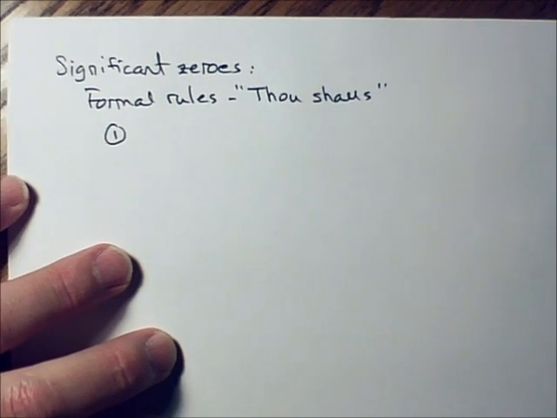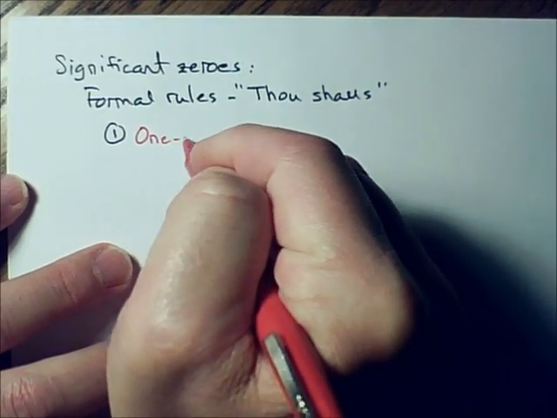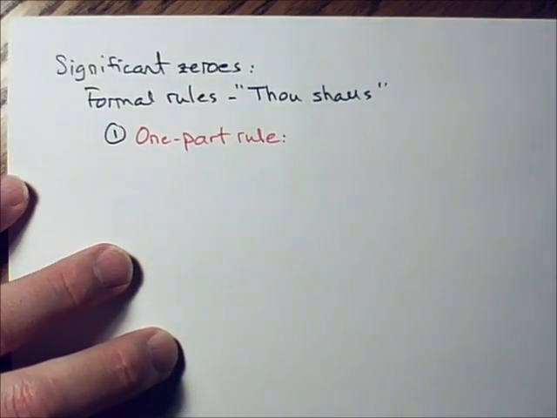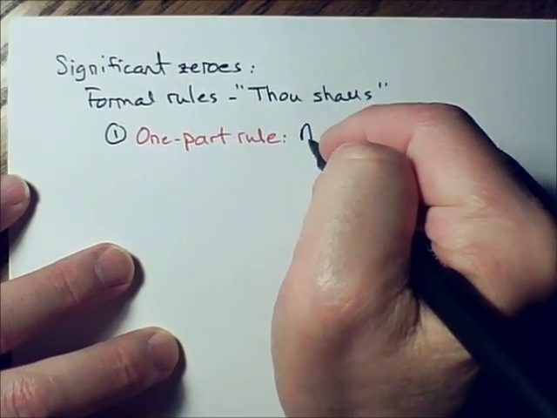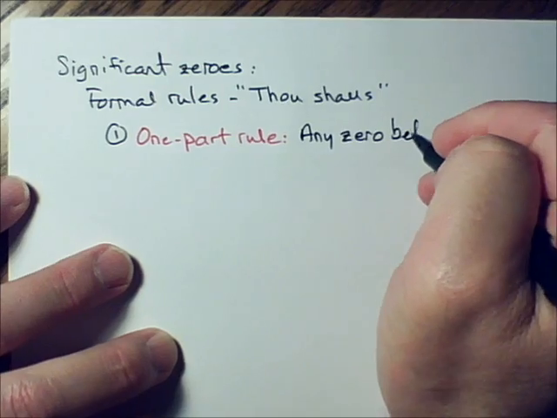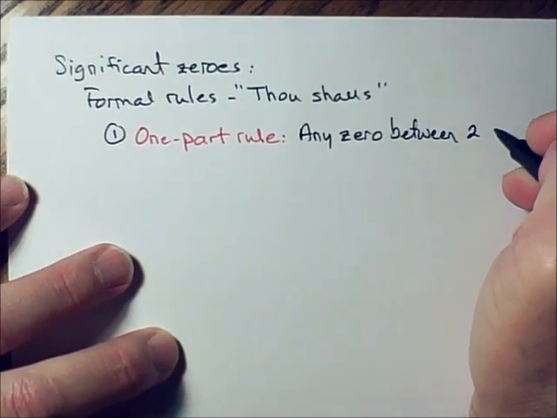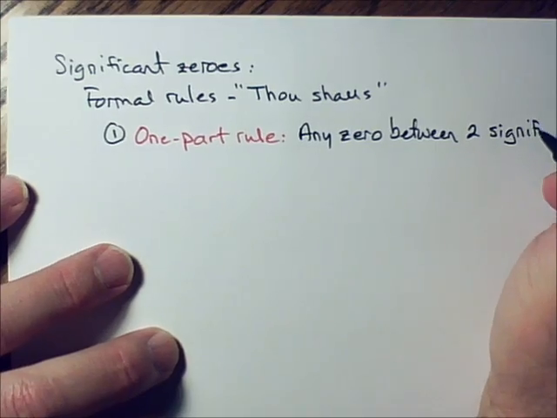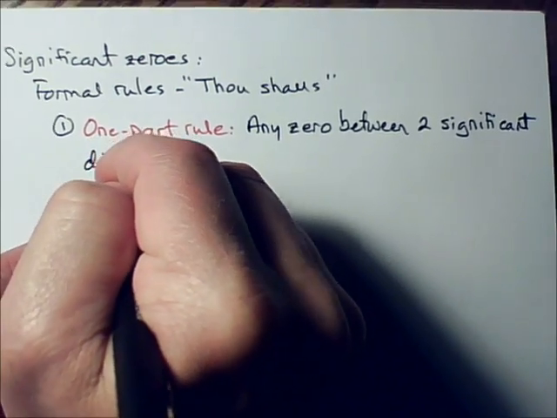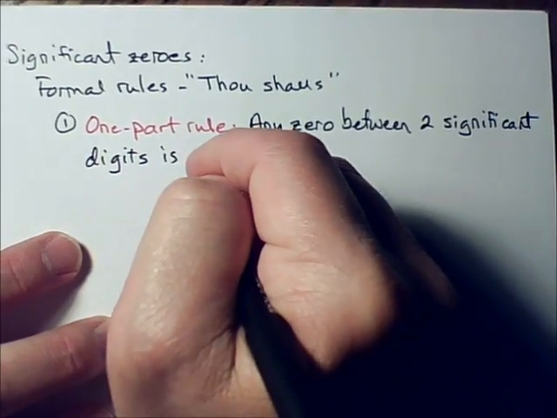Now there's two rules for significant zeros. One of the rules has two parts. One of the rules has one part. So I'm going to start with what I call the one-part rule. In the one-part rule, any zero between two significant digits is significant.